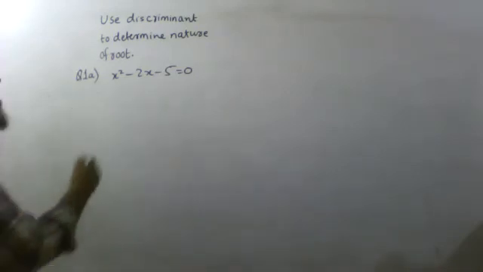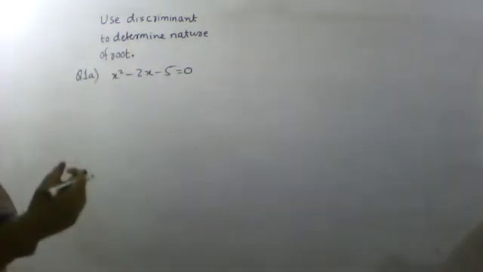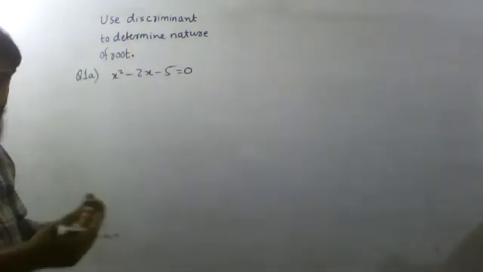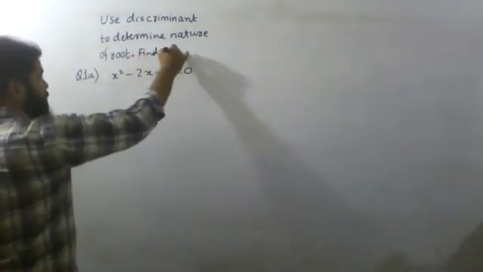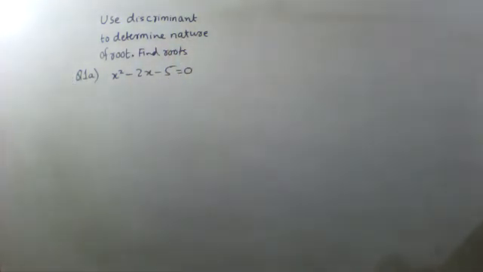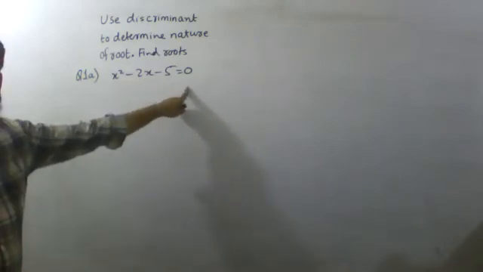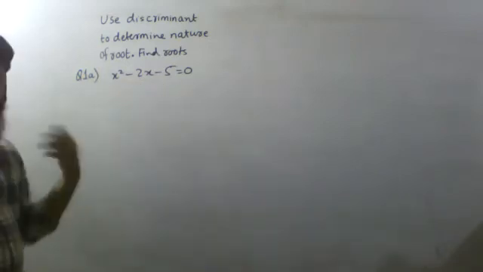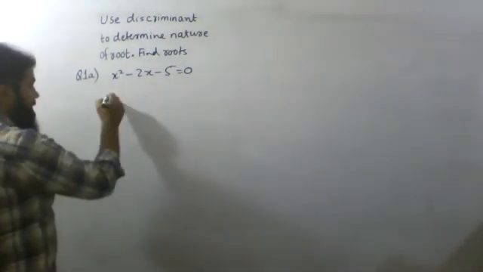Okay, and after finding nature, if discriminant is coming greater than 0, if roots are real, then they are saying find roots. Roots, basically we are asking for answer. Okay, so x square minus 2x minus 5 equals to 0. I have to simplify it to get the value of x. I can't do middle term breaking.